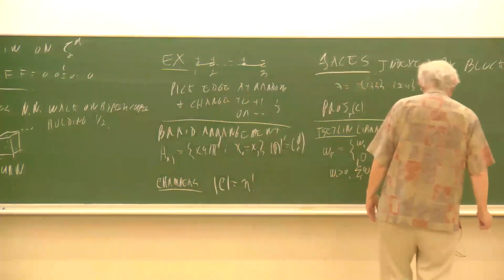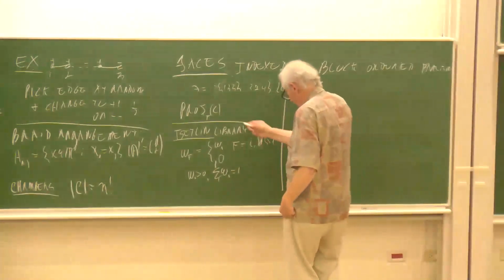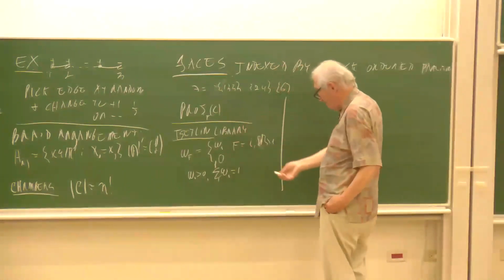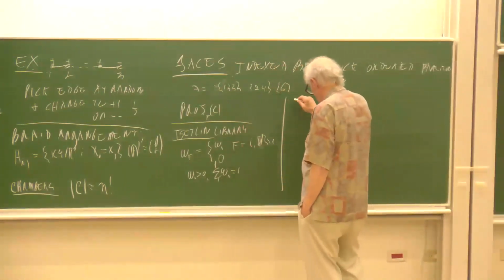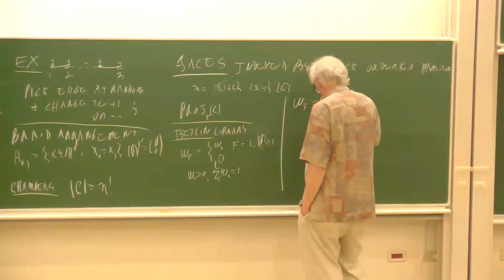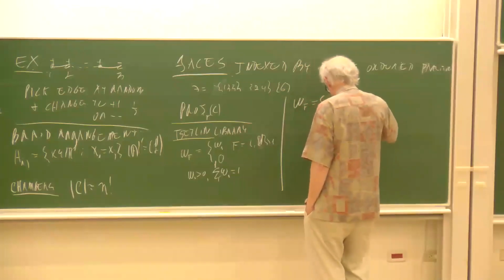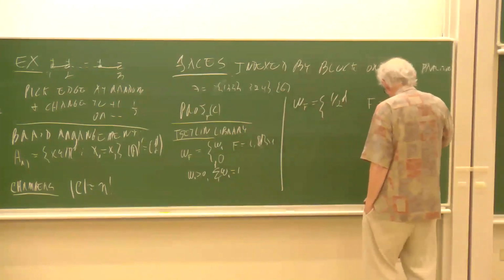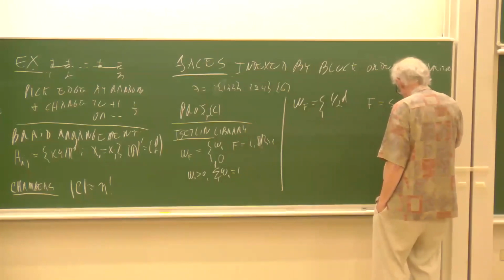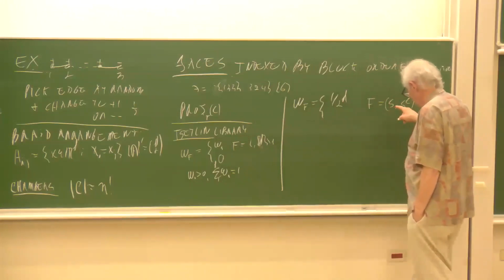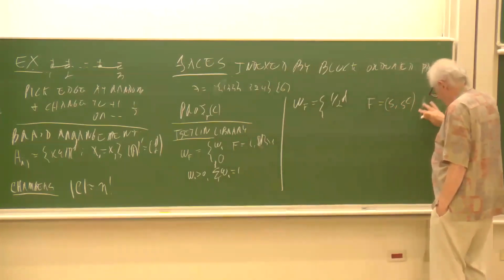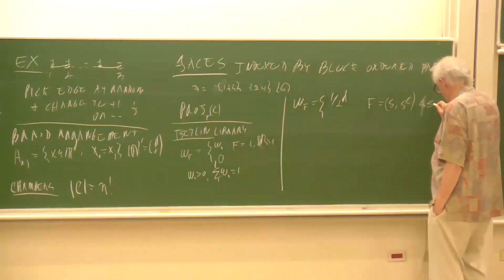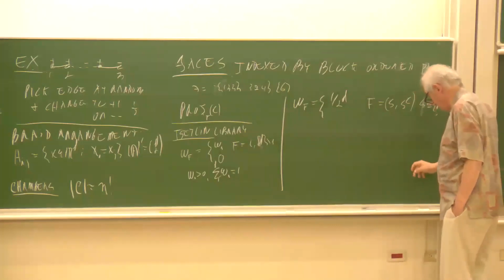Okay, so that's an example of these geometric things. Another example is a different choice of face weights: let W_F be equal to 1 over 2 to the d if the face F is equal to a set S and its complement, where S is a subset of d, and 0 otherwise.